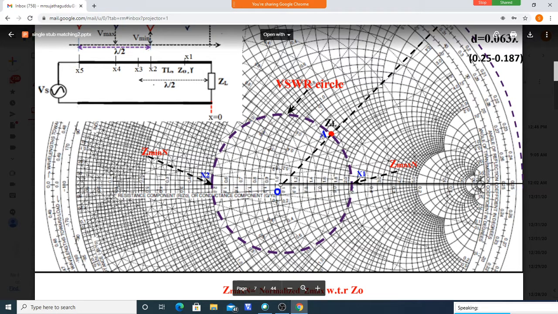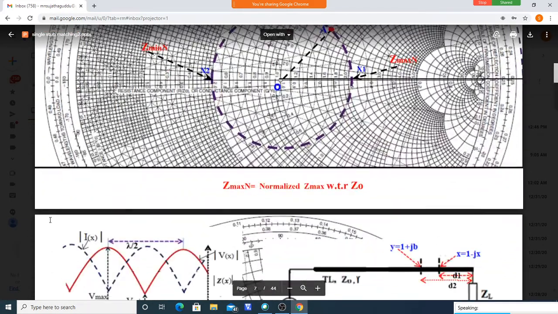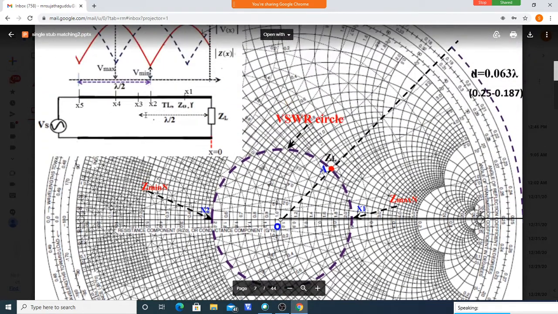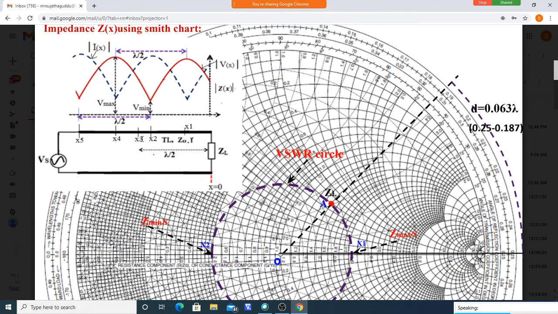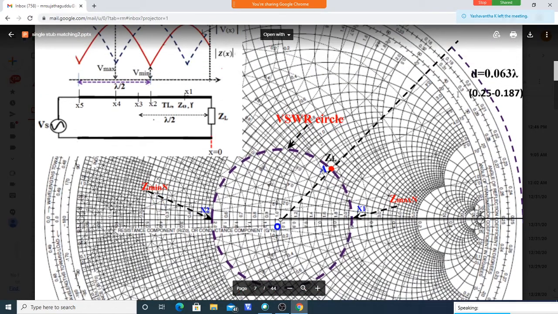Draw a line passing through this, and measure the distance from the load up to this point. That gives the d minimum distance, d minimum.